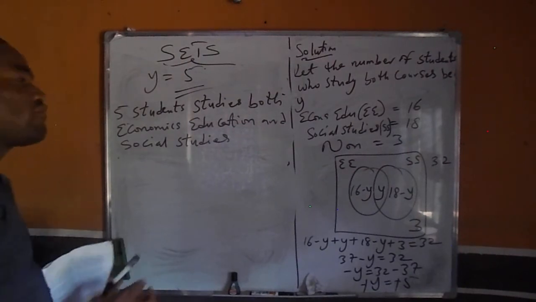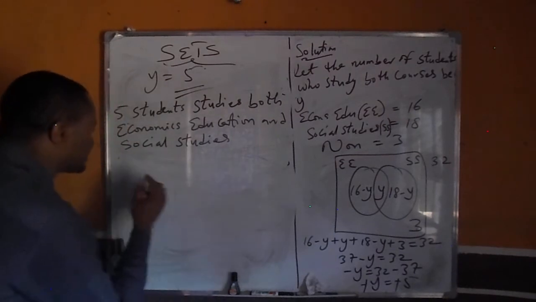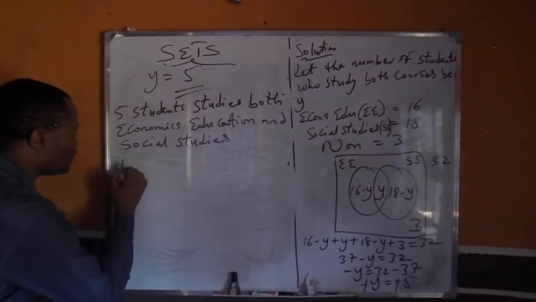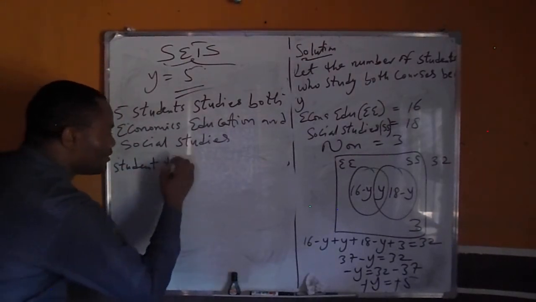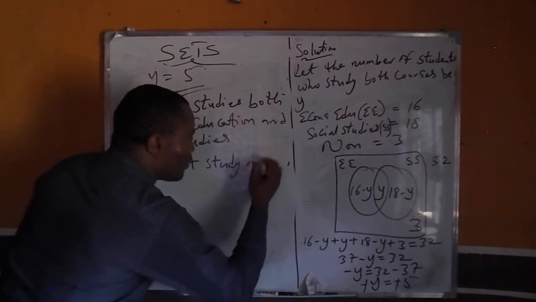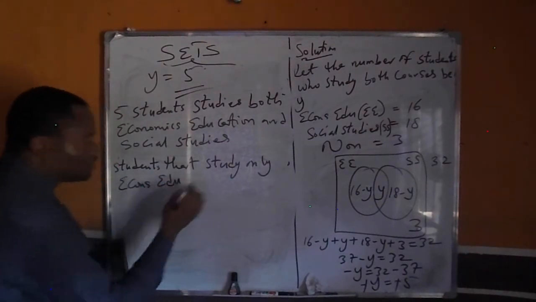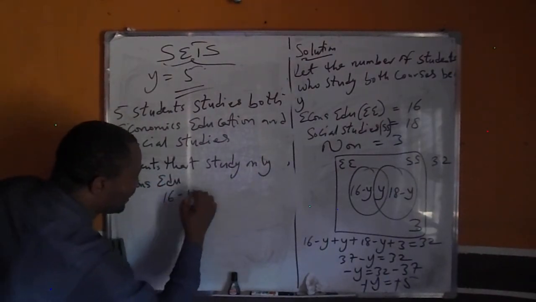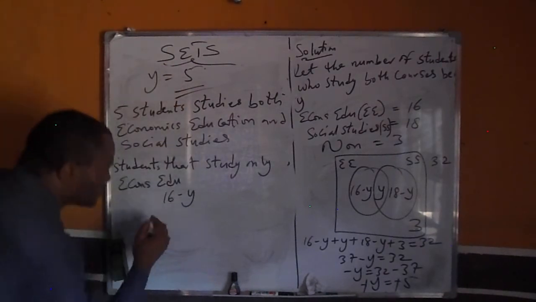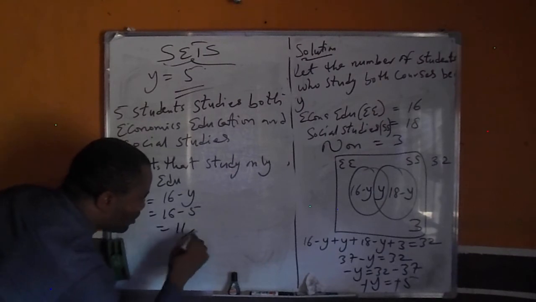If you are now to look for how many students study economics education alone, you now say number of students that study only economics education will give you 16 minus y, where y equals to 5, which equals to 16 minus 5, which equals to 11.